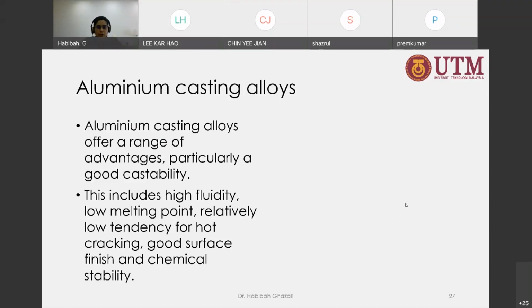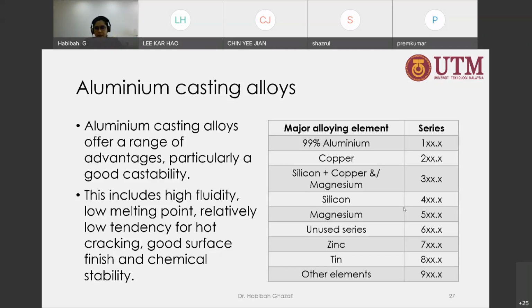This is because this aluminum alloy has high fluidity, so it's easy for us to pour them. They flow easily inside the cast, so that will give a final product with a good dimension. It also has a relatively low melting point, low tendency for hot cracking, and good surface finish and chemical stability.